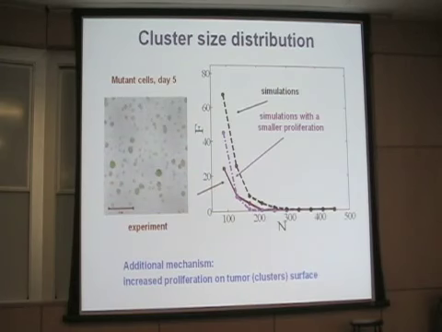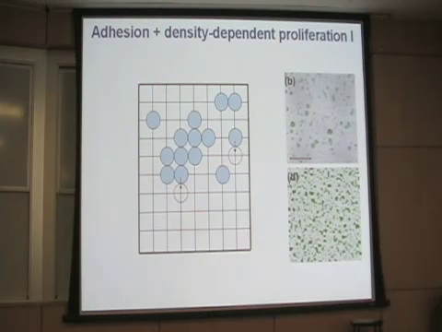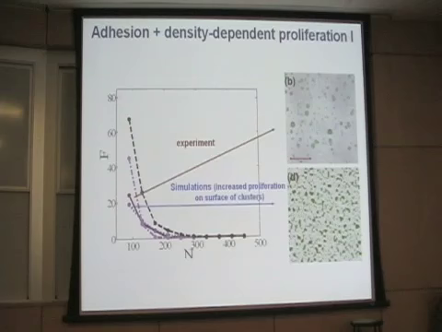Cells on borders, on the surface of the cluster, proliferate more than individual cells which just freely migrate. If I take this into account in my discrete modeling, saying that there is some basic proliferation rate, but cells on this surface proliferate faster, then the agreement between simulations and experiment is much better.